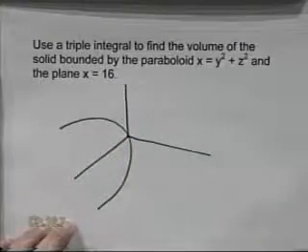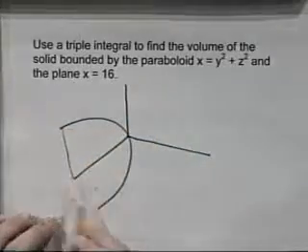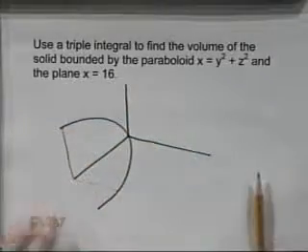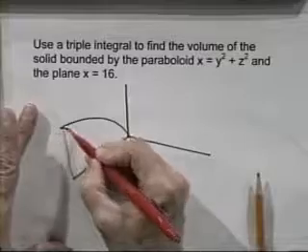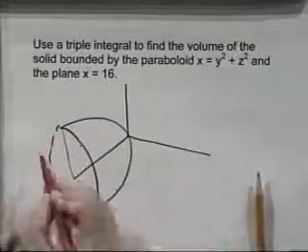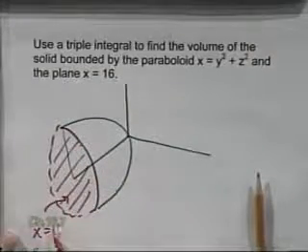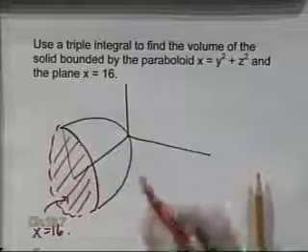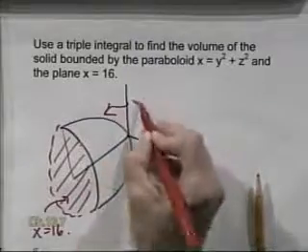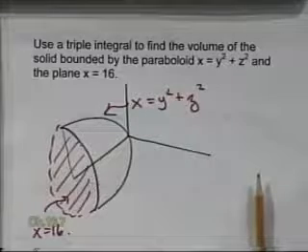But we're cutting it off where? At x equals 16. So you have this face here, and that face right there that you cut it off has x equal to 16. And here is your paraboloid, x equals y squared plus z squared.